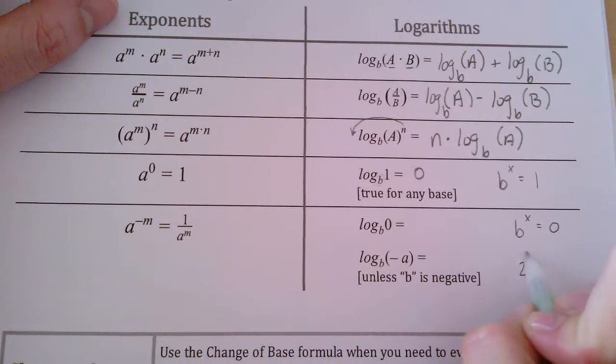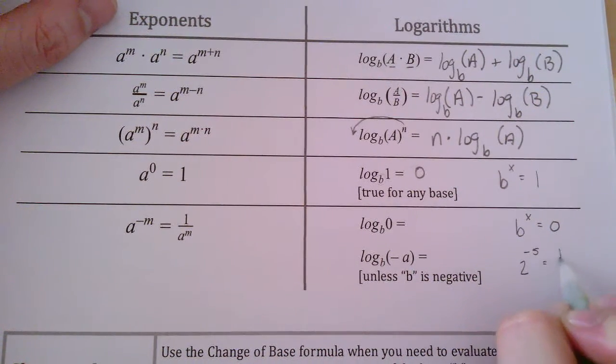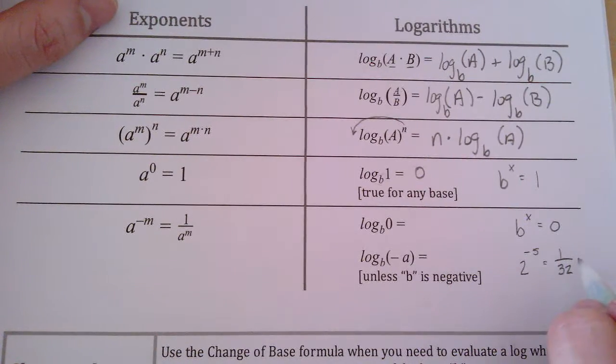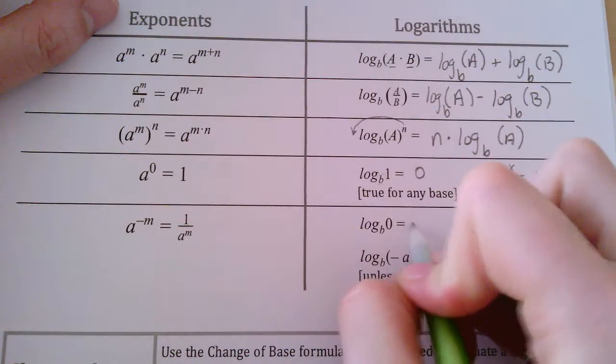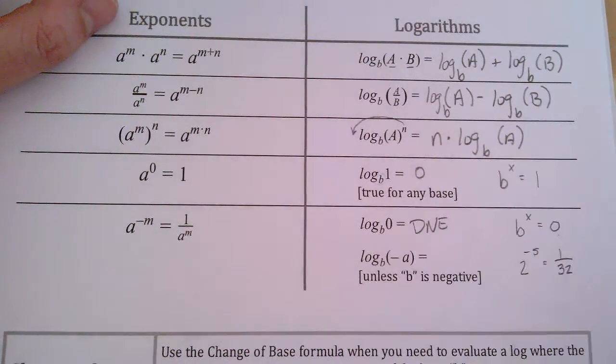If I did something like 2 to the negative 5th power, that would give me 1 over 32, which granted is a very small number, but it's not equal to 0. So there's actually no possible exponent that I could put in here to get the actual number 0. I could get very, very close by increasing this negative, but it's never going to be equal to 0. So this actually doesn't exist.